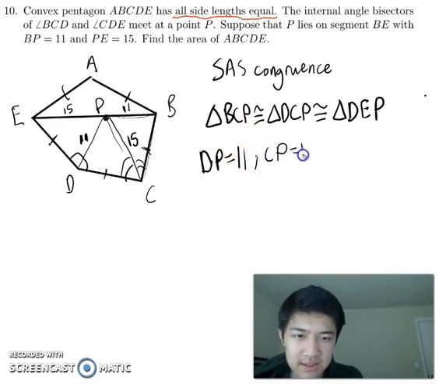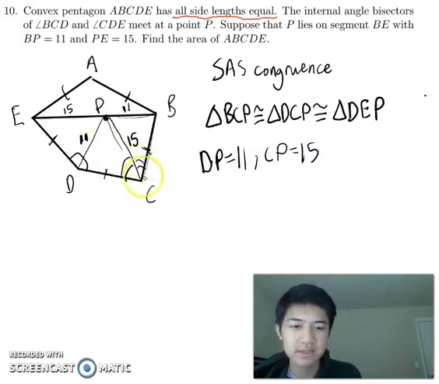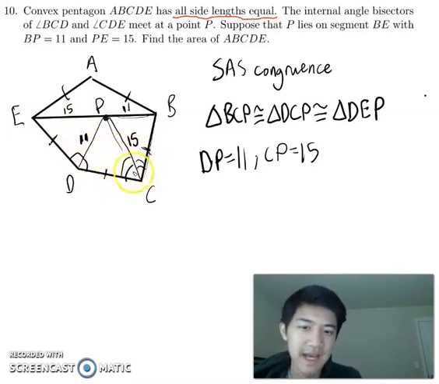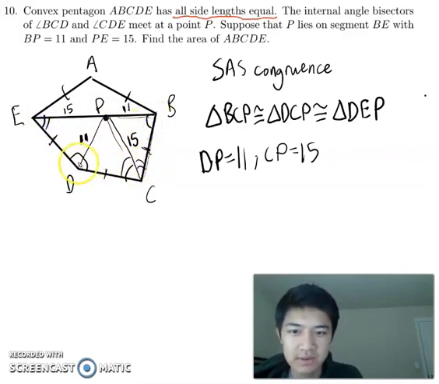And what else does it tell us? Well, other than equal sides, it also tells us that the corresponding angles are equal. So if we look at the angles, specifically the ones that we haven't looked at yet, the ones we have looked at are this one, which should be equal to these two, and this one should be equal to those two.